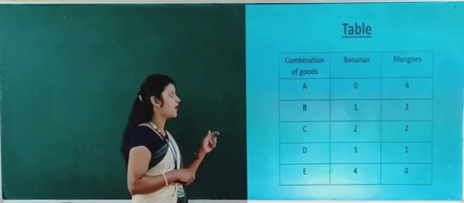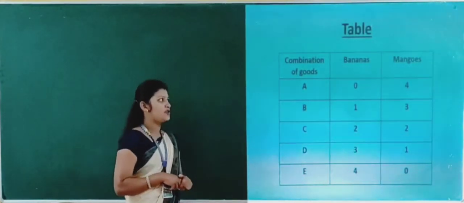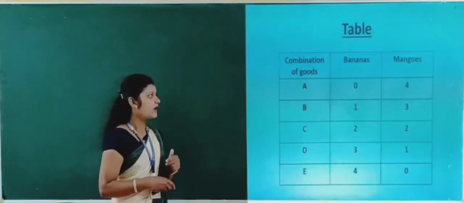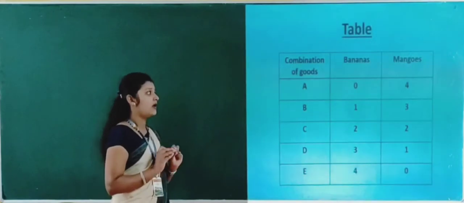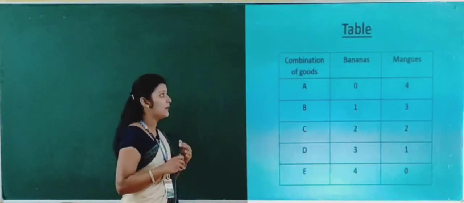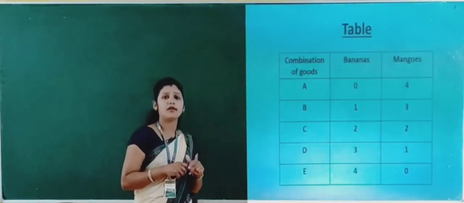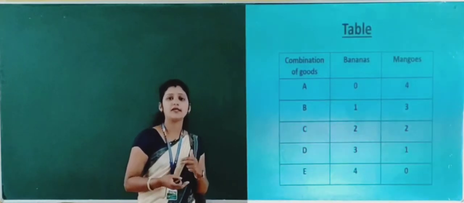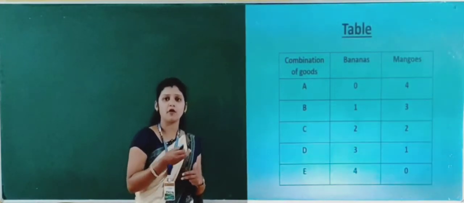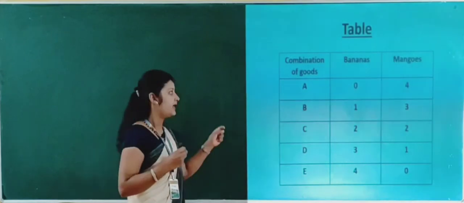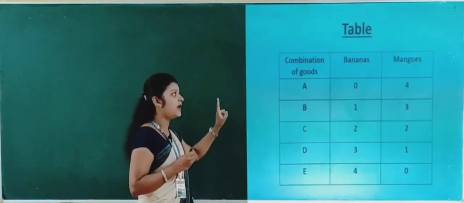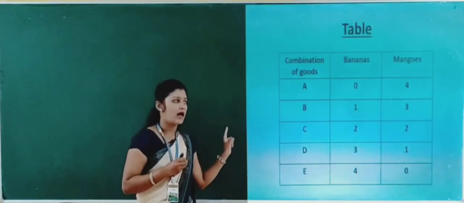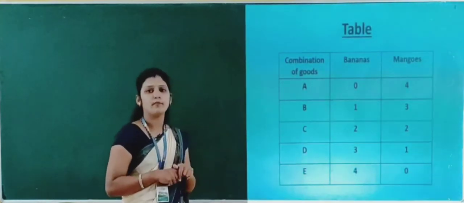The first combination A tells us he can purchase no unit of bananas, but he can purchase 4 units of mangoes out of his total money income of rupees 20. The second option is 1 unit of banana and 3 units of mangoes.